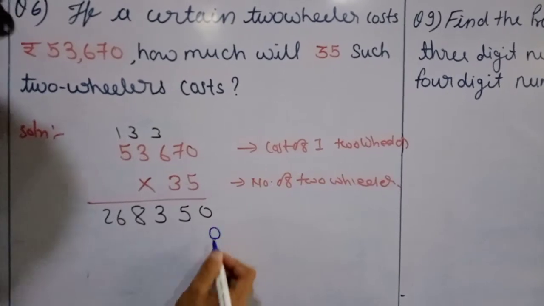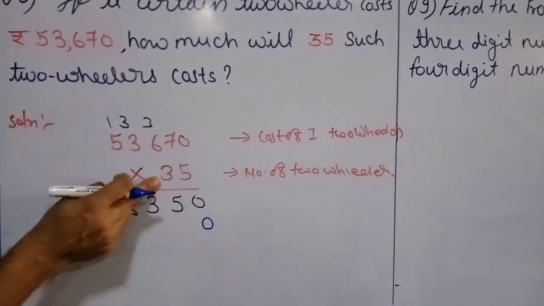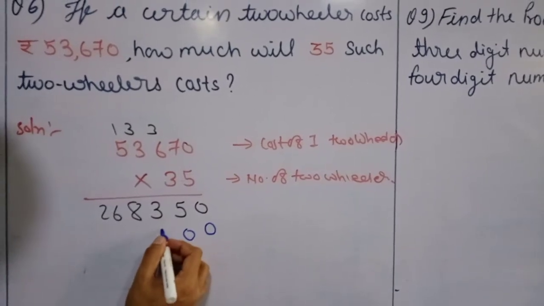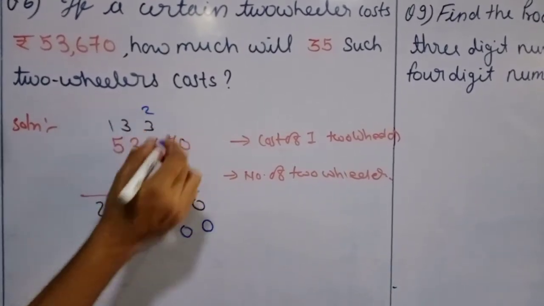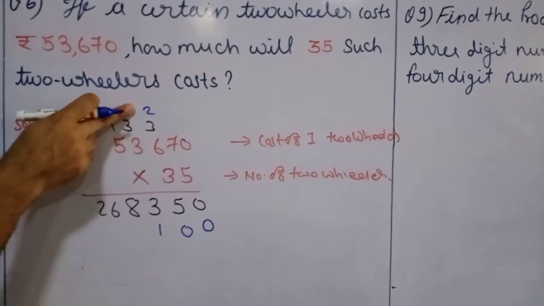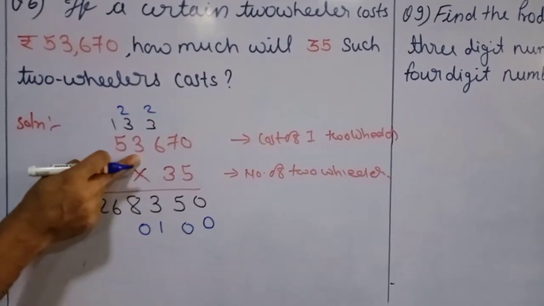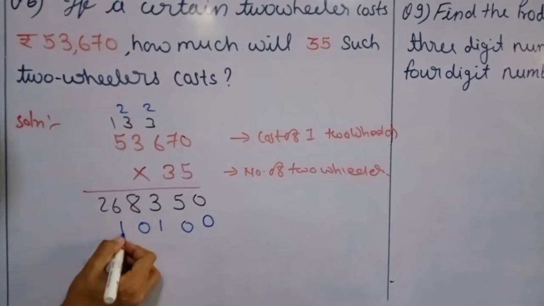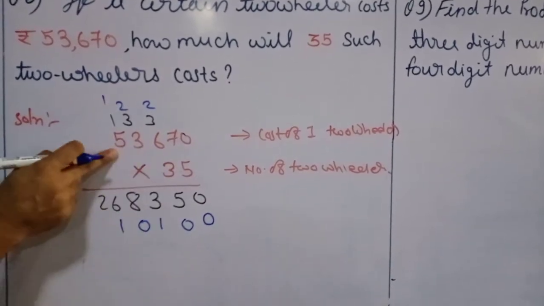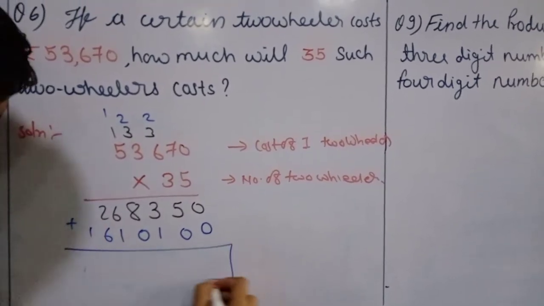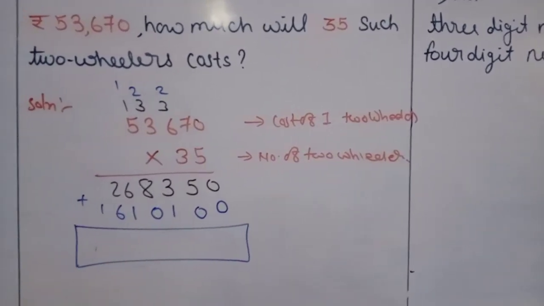So we have to put 0 at the unit place, because 3 is at the place of tens. 3 zeros are 0, 3 sevens are 21, so 2 carry, 3 sixes are 18, plus 2, 20, 0 here and 2 carry, 3 threes are 9, plus 2, 11, 1 carry, 3 fives are 15, plus 1, 16. Put the sign of plus. Now we have to add these two numbers.